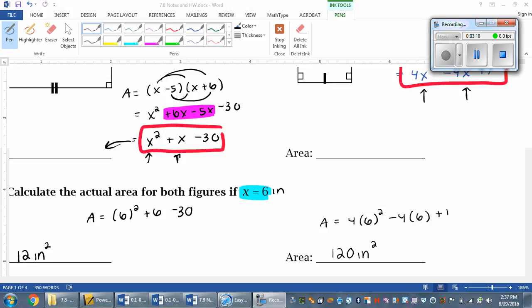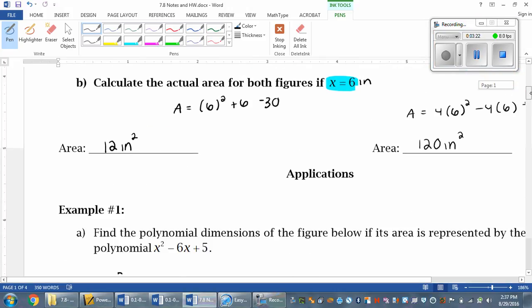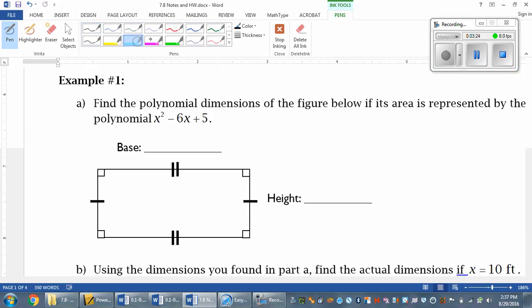Now what we're going to be doing is working backwards. So here, I'm going to give you the polynomial that represents the area. I want you to go backwards and find the base and the height. So we know how to go backwards. Remember, we factor. Area is x squared minus 6x plus 5. If I want to find the base and the height, I have to factor. What makes x squared? x and x.